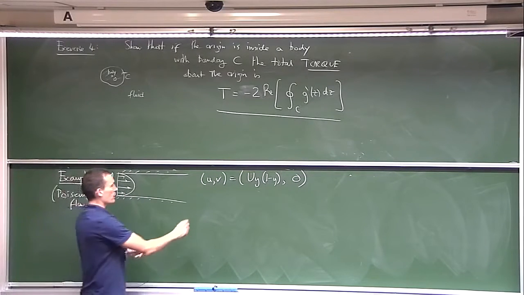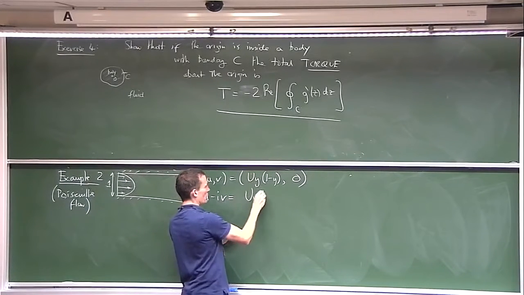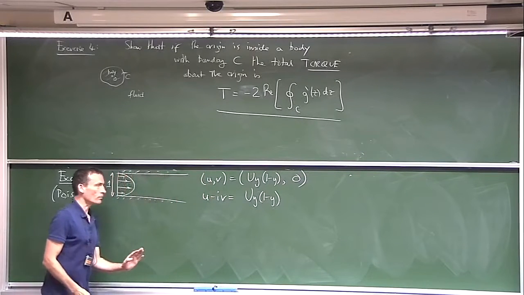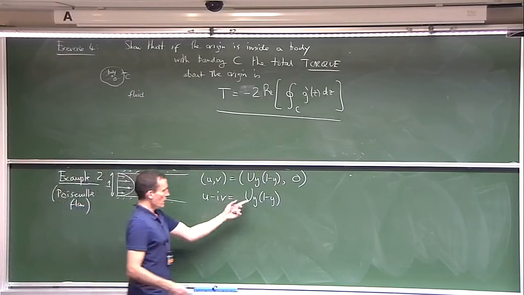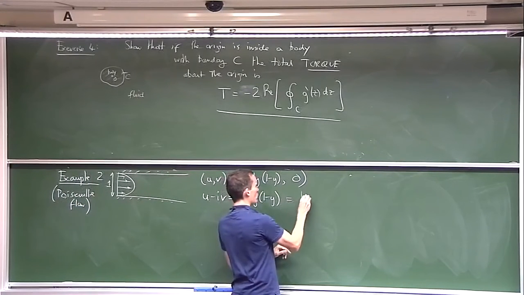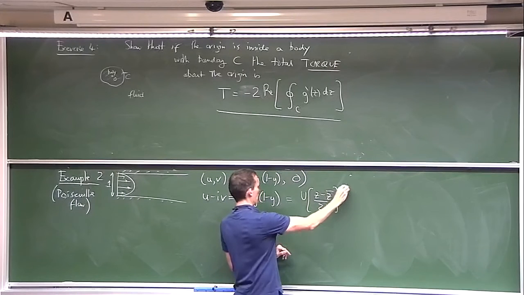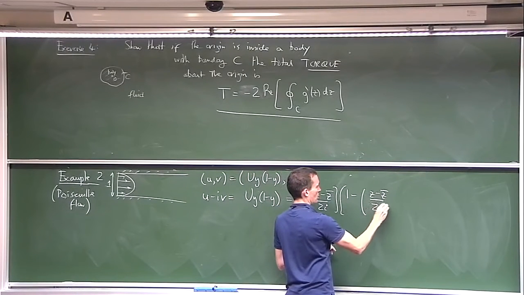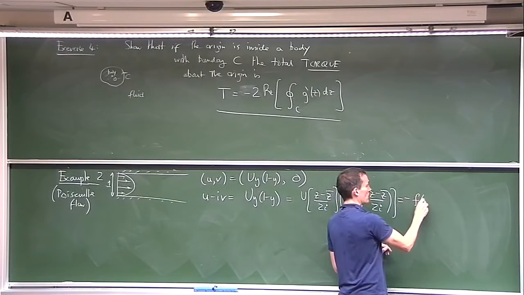So u minus iv is u y(1 minus y). That's it. v is 0. So this is u (z minus z bar) over 2i. And this we've got to equate with the same thing we did over there.